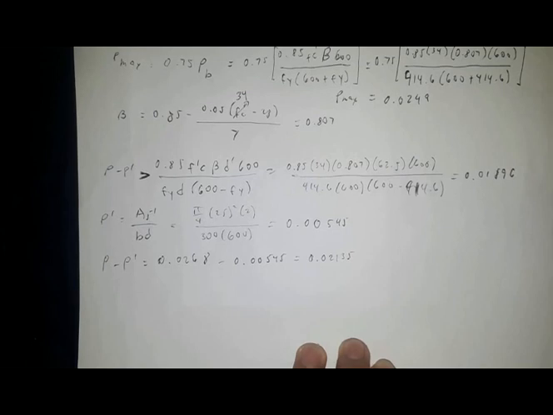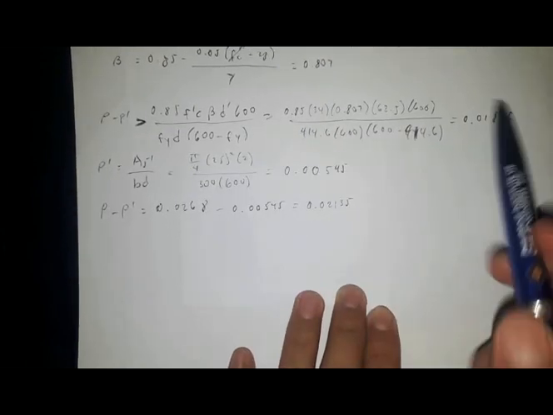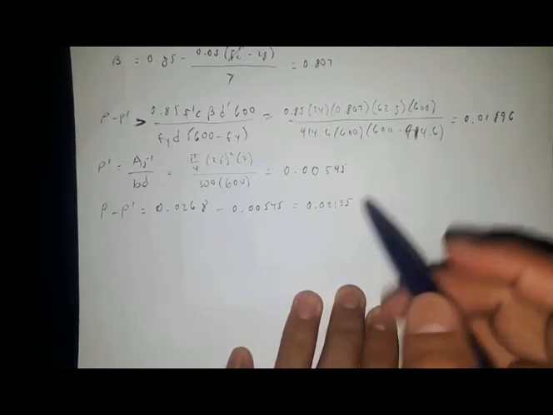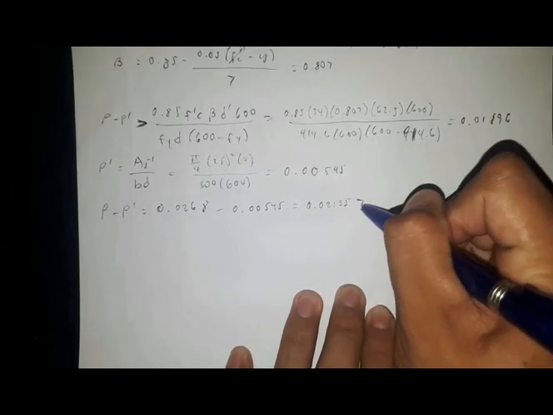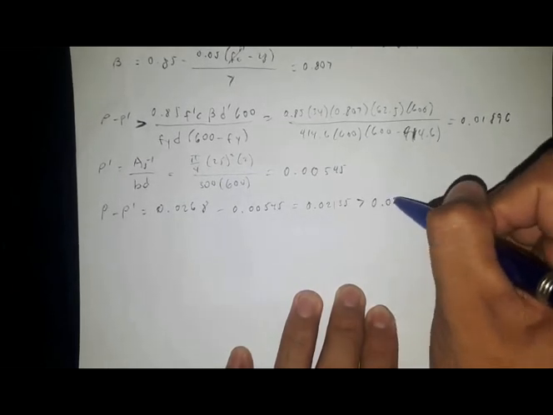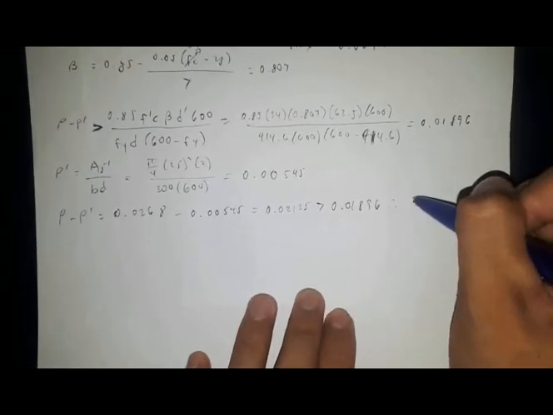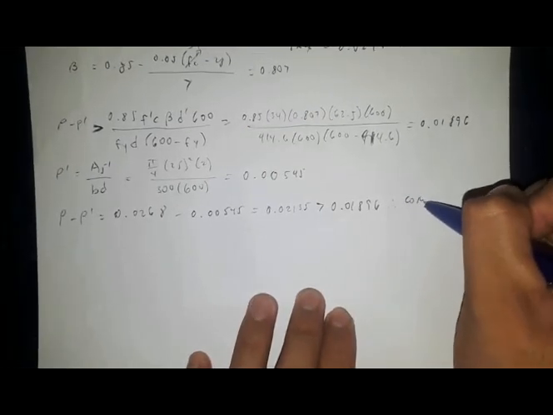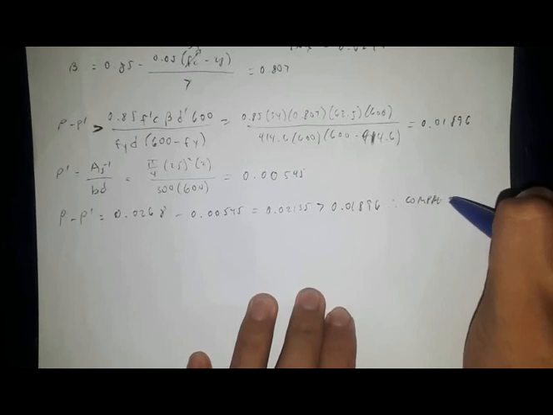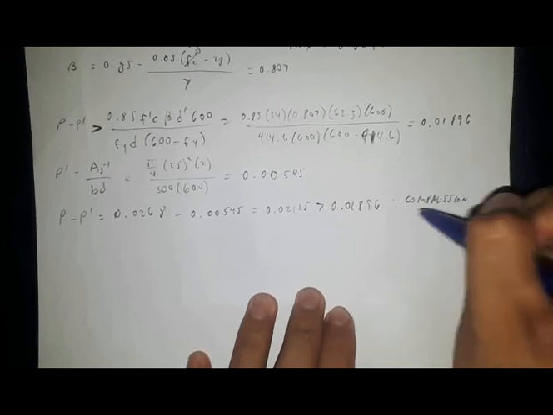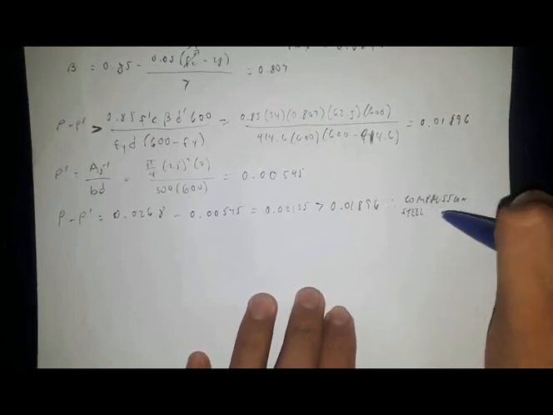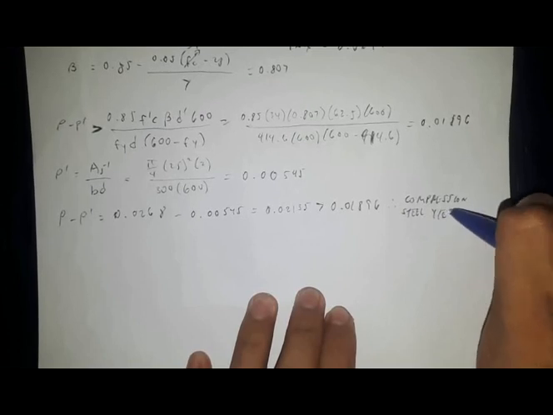So if we compare this one tsaka ito, so 0.02135 is greater than 0.01896. Therefore, compression steel still yields.